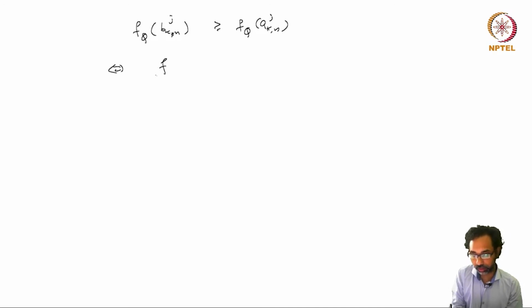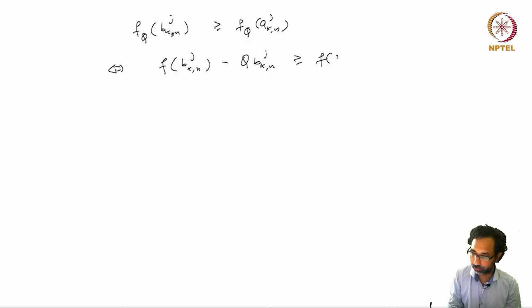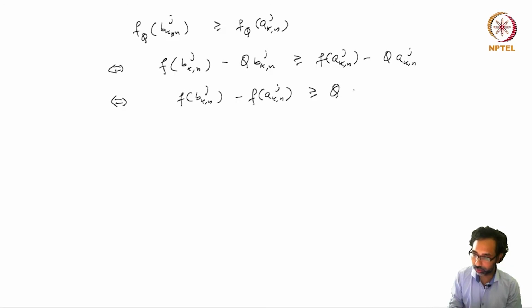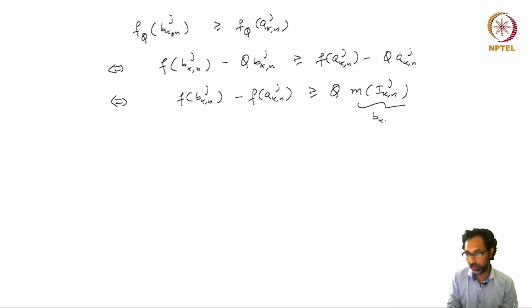This is the same as saying that by definition f of bknj minus Q bknj is greater than or equal to f of aknj minus Q aknj, and this is the same as saying that f of bknj minus f of aknj is greater than or equal to Q times the measure of Iknj, which is just bknj minus aknj.